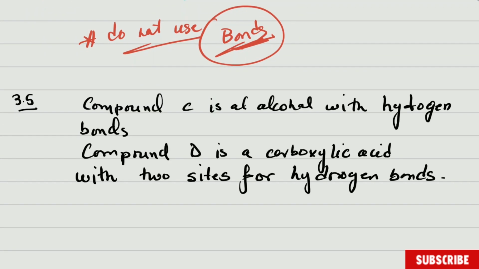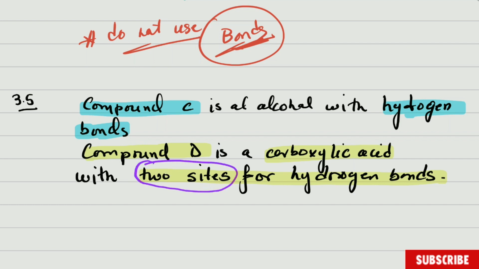So, saying that compound C is an alcohol with hydrogen bond. Compound D is a carboxylic acid with two sides for hydrogen bond, and that is the difference. Carboxylic acid have two sides for hydrogen bonds. Alcohol have one side for hydrogen bond. Okay, that is the difference.